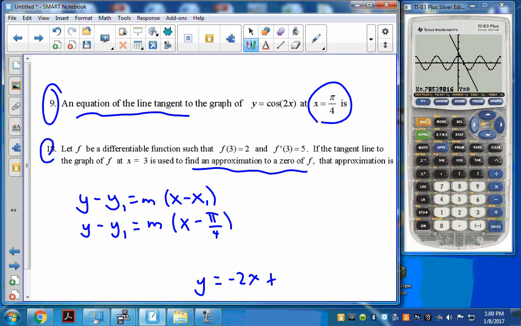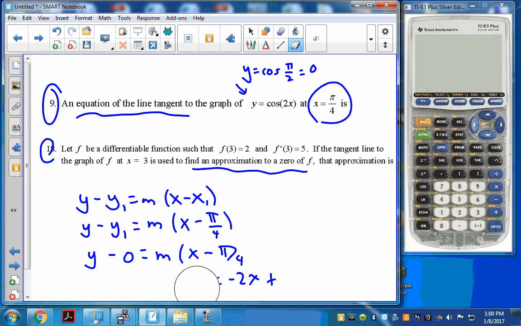To find the y value, you would have to go into y is the cosine of 2 times x, so that would be pi over 2. And the cosine of pi over 2 is 0. So now we have y minus 0 is m times x minus pi over 4.